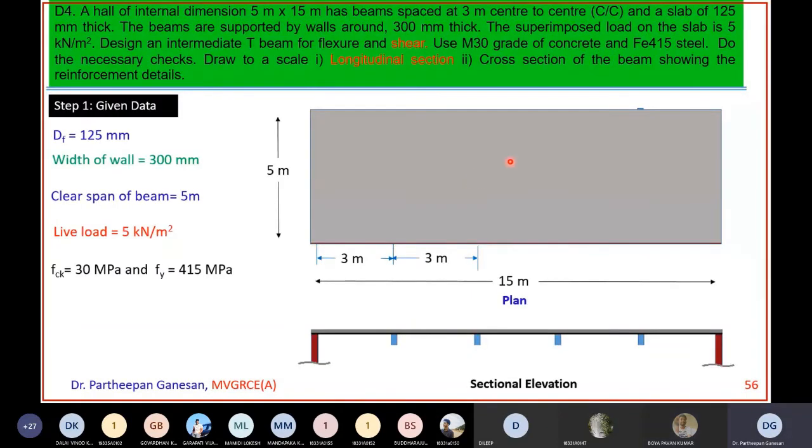Right now, they have not given the depth of the beam or the width of the web. Nothing is given. You have to design. Each and every beam we are going to design, the intermediate beam, is it a simply supported beam or a fixed beam?